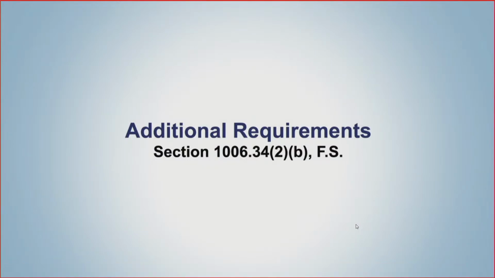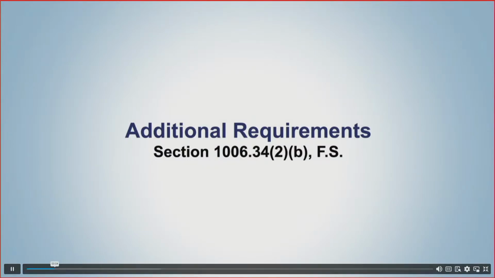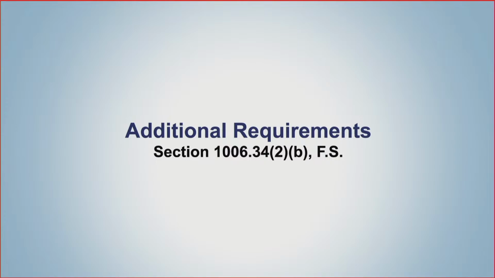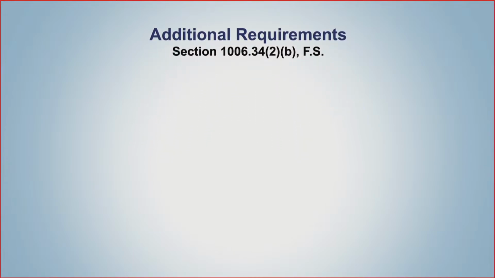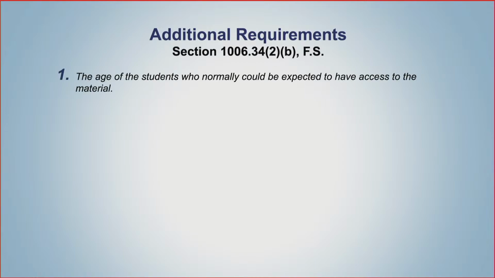The criteria for selection of library materials, reading list materials, and instructional materials is found in additional statutes. Florida statutes additionally dictate that materials adhere to several requirements listed in Section 1006.34, Part 2, Part B. Many of the requirements are the same as in previous slides. This section discusses using the following considerations in the selection of library media materials. 1. The age of students who have access to the material. 2.